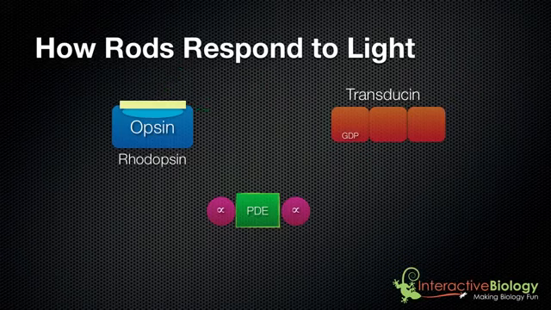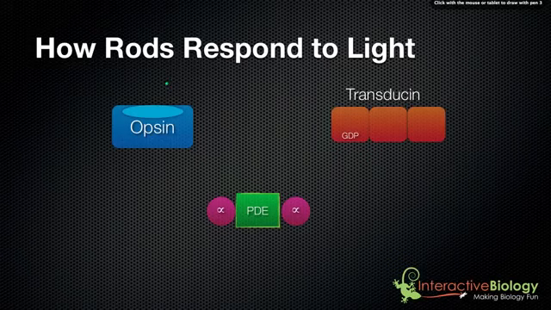And once that connection breaks, that retinol leaves. And what that does is it exposes a binding site on the opsin. And that's what we're going to use next as we go to the next part of the process. So what we've accomplished so far is we've freed up this binding site on the opsin.